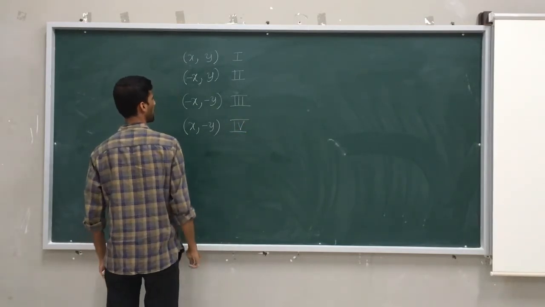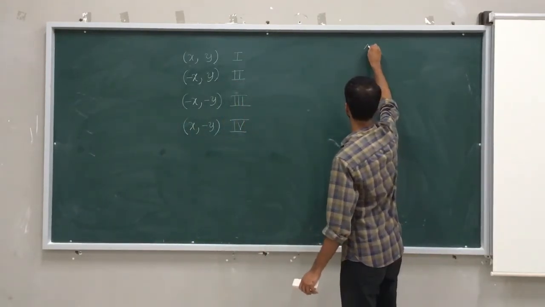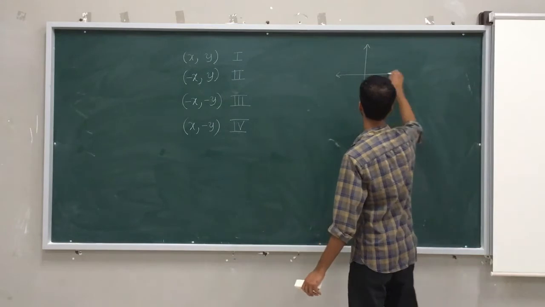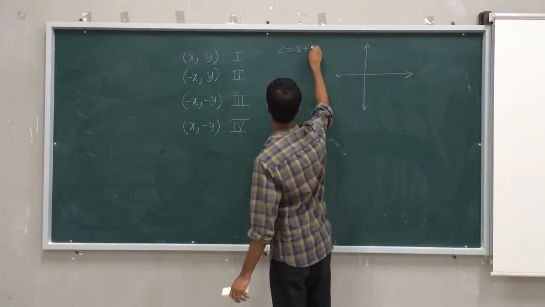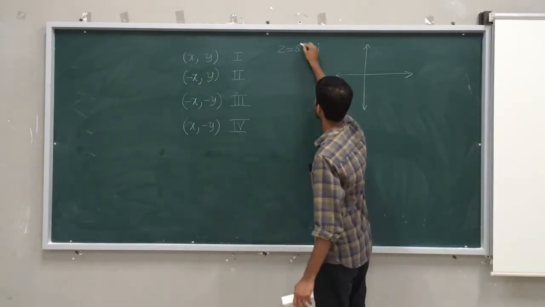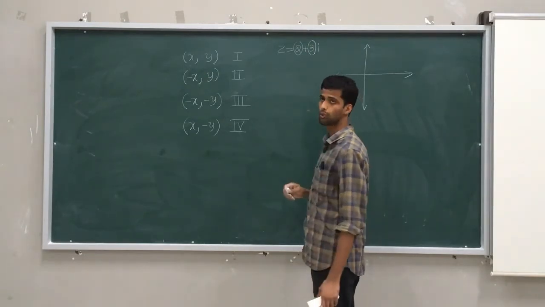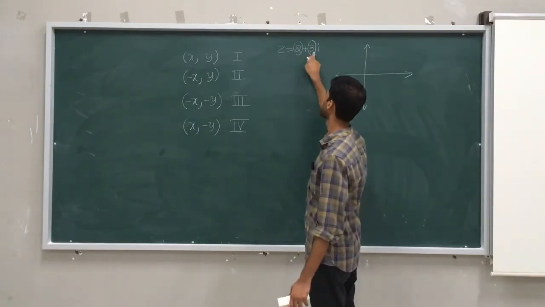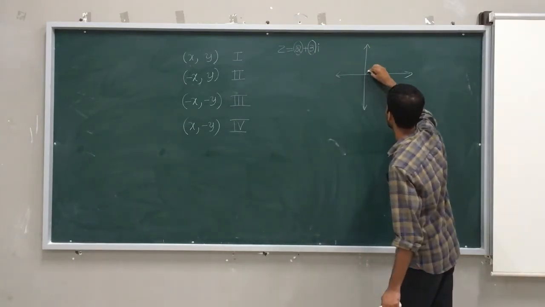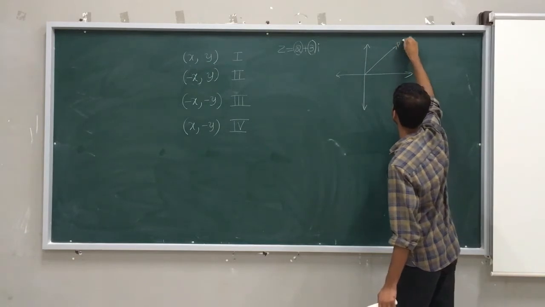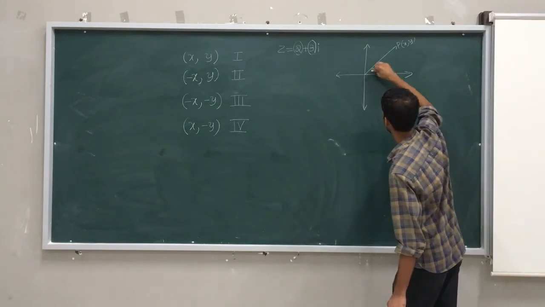So what you should do here is, I told you about argument. They will give a question like 2 plus 3i, where this is x, y. Obviously both are positive, so it falls in the first quadrant. So how to draw the diagram? It is like this: P of x comma y, and this is the angle theta, not that angle.